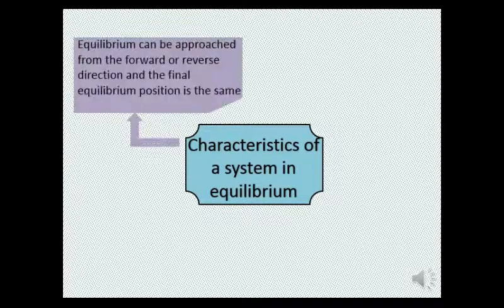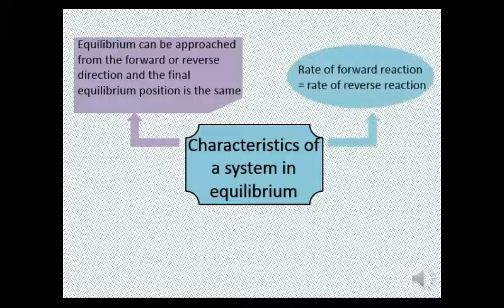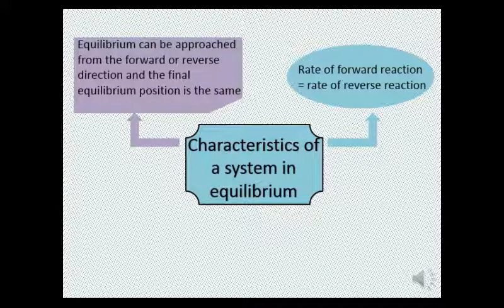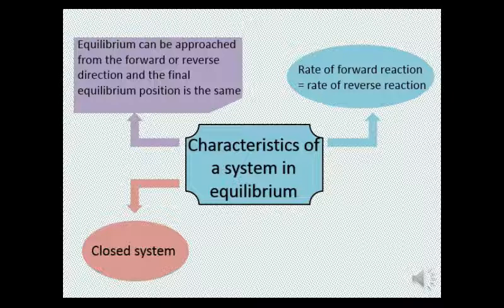The first one, the equilibrium can be approached from the forward or reverse direction, and the final equilibrium position will be the same. The second characteristic is the rate of forward reaction will be equal to the rate of reverse reaction. The third one, the reaction must be in a closed system. It means nothing else can disturb the equilibrium reaction.